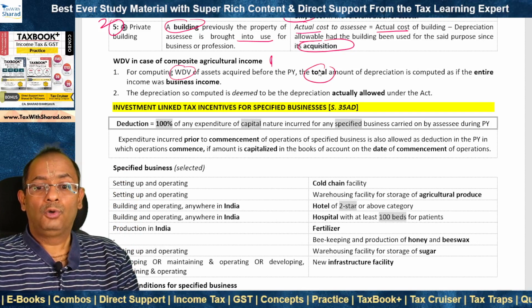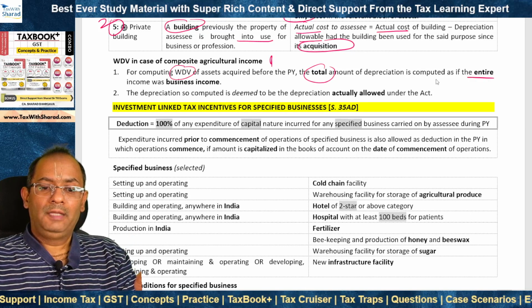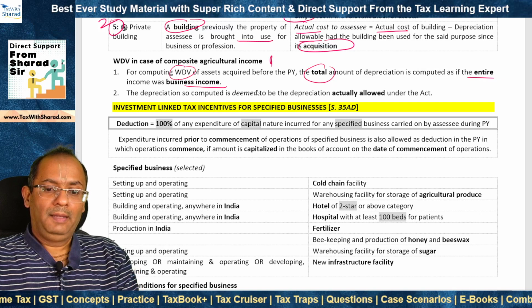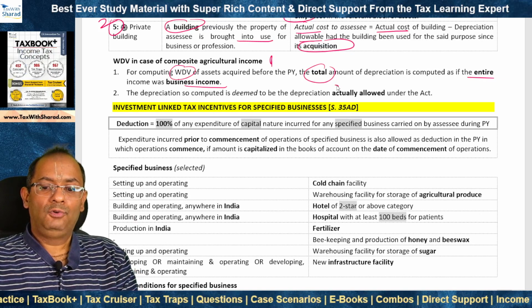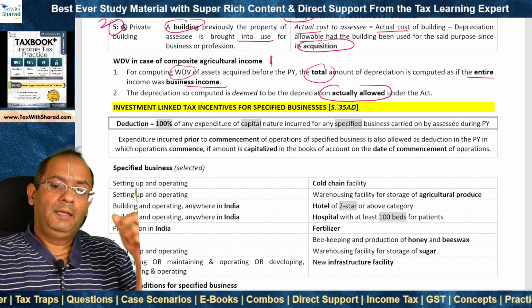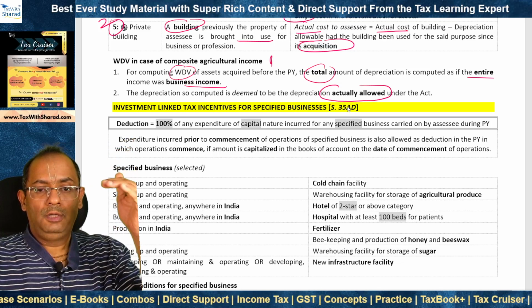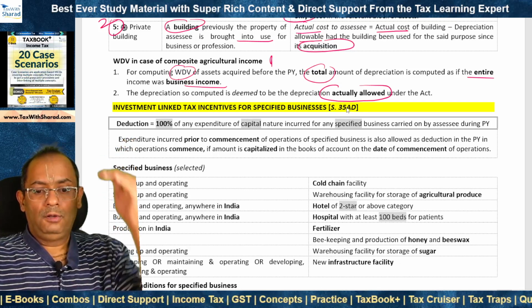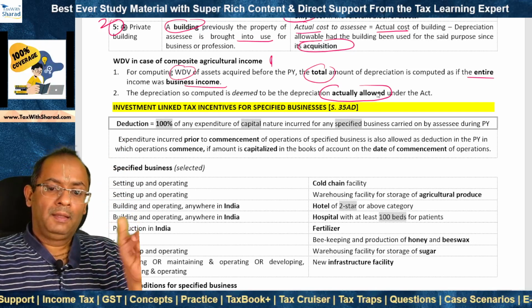the total amount of depreciation is to be computed as if the entire income was business income, and the total amount of depreciation is then deemed to be actually allowed, because we deduct the depreciation which is actually allowed from the closing WDV in order to arrive at the closing WDV of the relevant previous year.